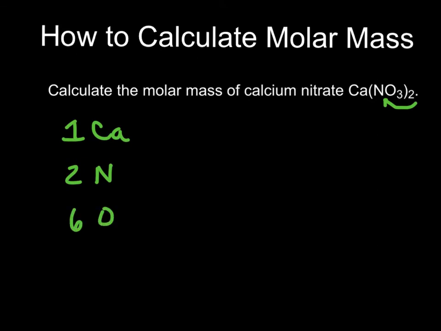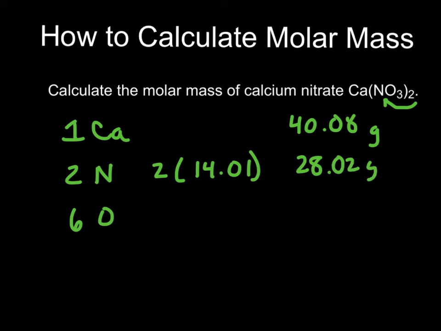Now looking up the masses on the periodic table, we see that the mass of 1 calcium is 40.08 grams per mole. 2 nitrogens, we take 2 times the mass off the periodic table, 14.01, and we get 28.02 grams per mole.